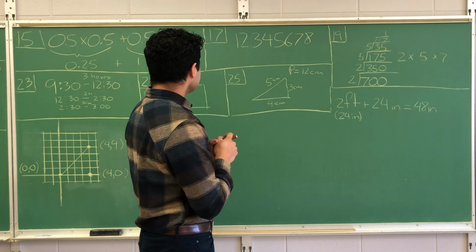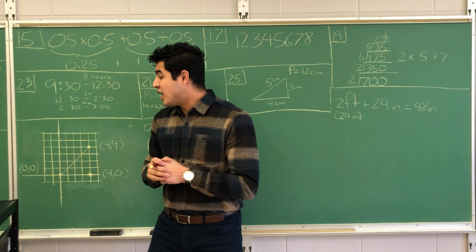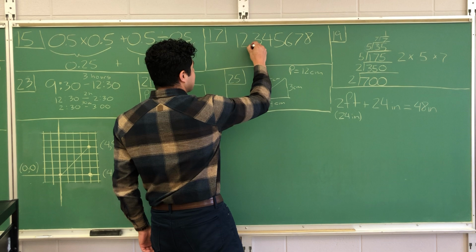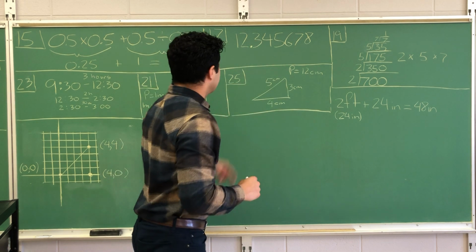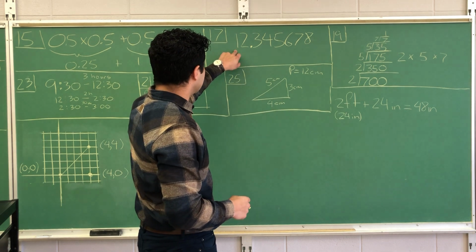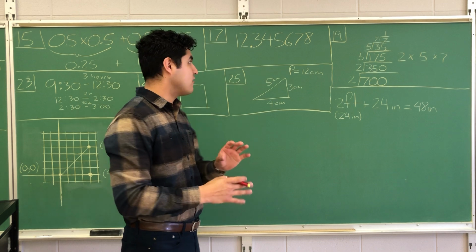All right. Next, number 17. Which digit is in the hundredths place in this number? Let me make my decimal a little bigger so you can see it. We have here the 2 is in the ones place, the 1 is in the tens place, T-E-N-S, tens place.